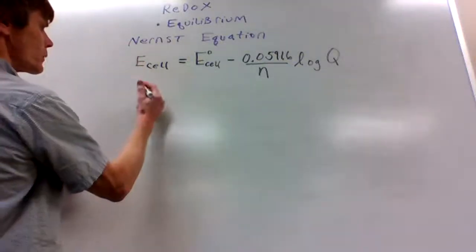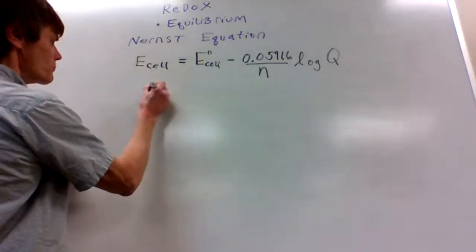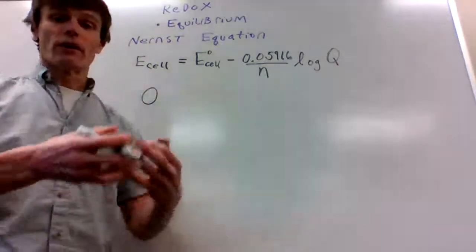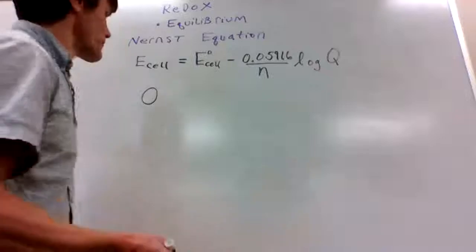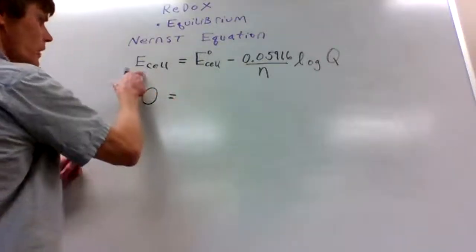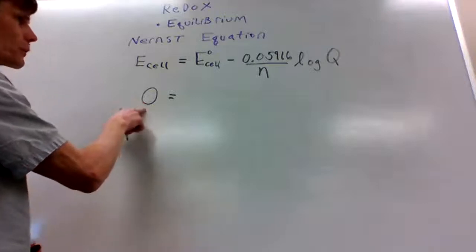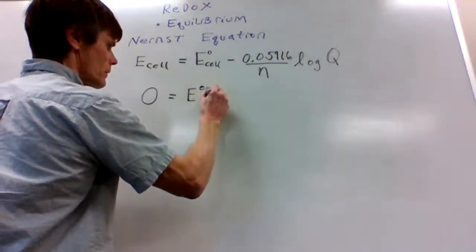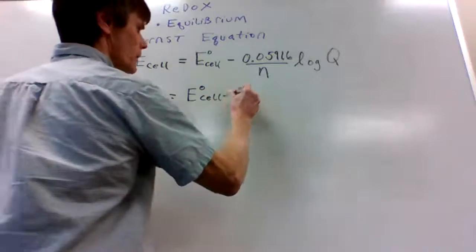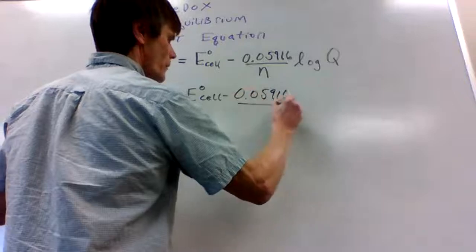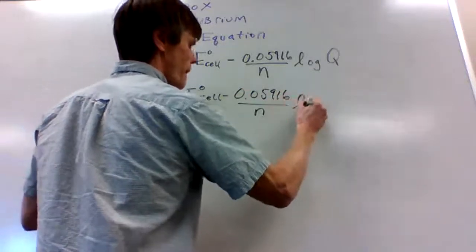What that tells us is that once we reach equilibrium, there's no more movement of electrical charge. There are no more electrons moving through that particular electrochemical cell, and the cell potential is going to equal 0. This is what we're left with when we get to equilibrium.